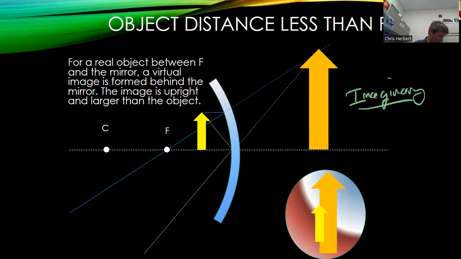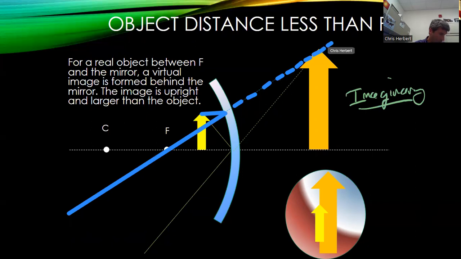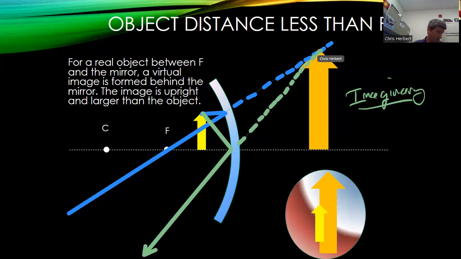So again, let's do our little test right here. We're going to start out parallel, and then we're going to pass through the focal point. And if I trace this back in time, that goes right there. We'll do the one reflecting off of the optical axis. That goes this way. Again, we trace it back in time. They converge to a point on the opposite side of the mirror.